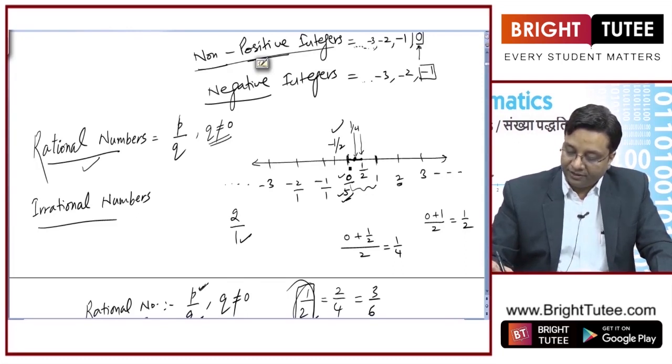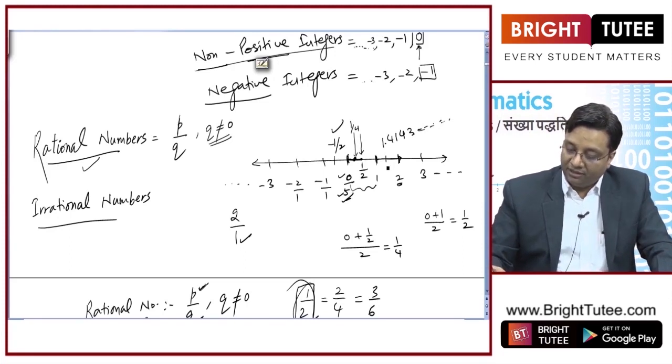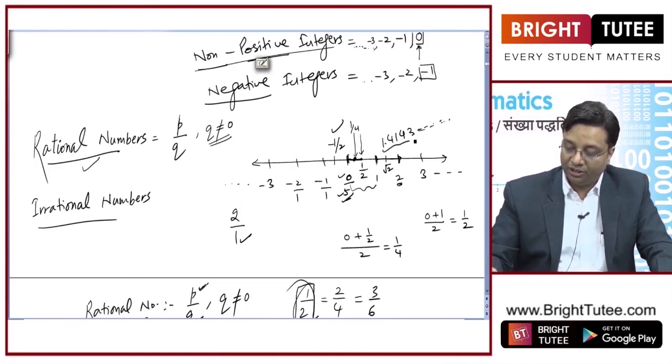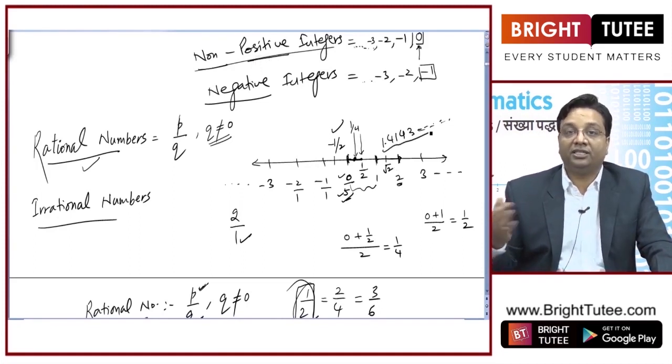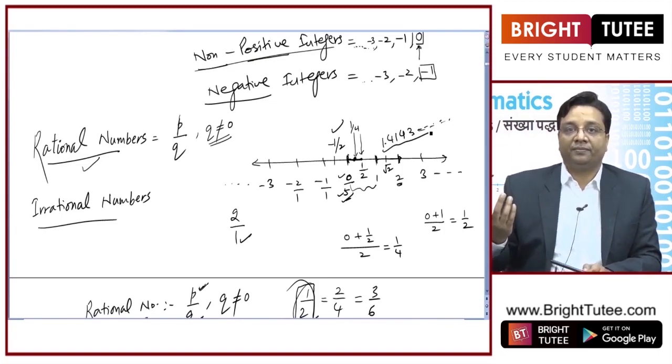Okay. Between 1 and 2 you will have a number 1.414, then it will keep on going without any repetition, right, which is also known as root 2. Okay, this is the approximate value here. We cannot calculate the exact value of an irrational number because it will keep on going without any pattern.